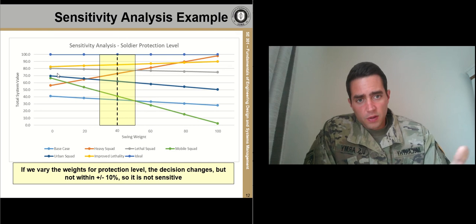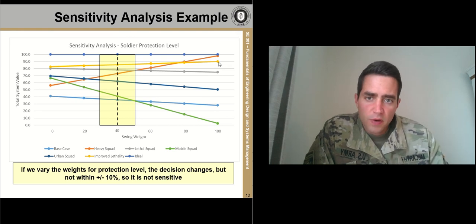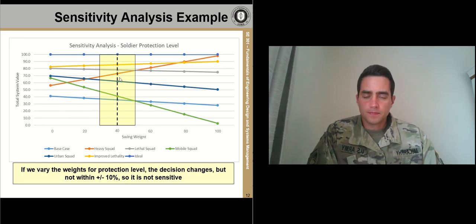So the total value goes down as we change the swing weight. If I were to change my swing weight from 40 to 100, then my total value of alternative improved lethality, the yellow line, would be roughly 90.